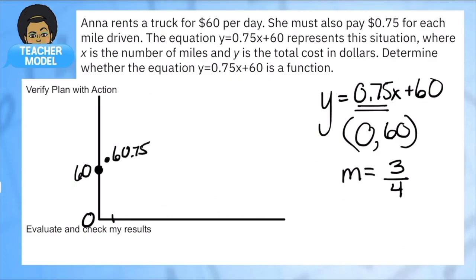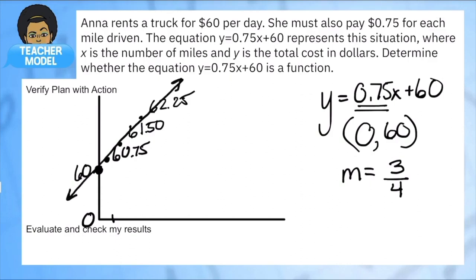So that's going to be my next point. That's still going to be the cost at that point. And then if I go another one, it's going to be another 75 cents. So the cost will be $61.50. And I'm going to add another one, and I'm going to be at $62.25. And all it's going to keep doing is just increasing in that manner.